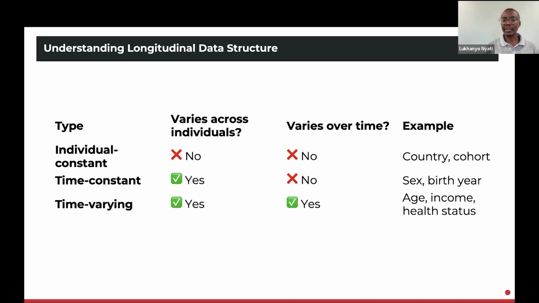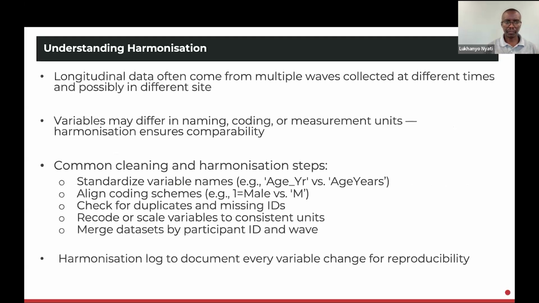And so that varies over time. And so within your longitudinal data set, these are the types of variables that you're going to have. And it's important to know these variables and to label them even in your code book, because that is important in terms of how you're going to manipulate the data, to reshape the data from wide to long, or from long to wide. All right.